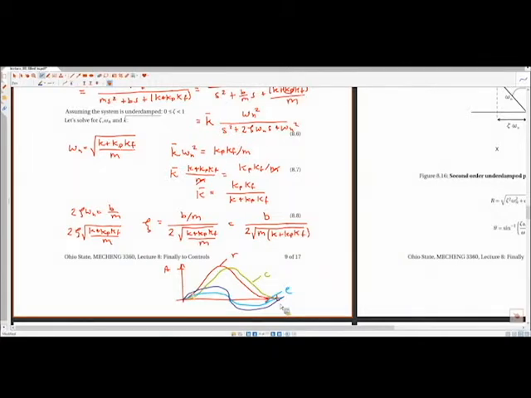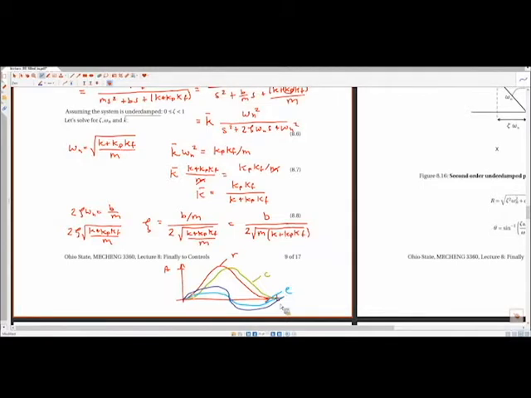This is just setting this equation equal to 0 and solving for s. Those are our poles, P1 and P2. If we simplify this, we see that the poles are at negative zeta omega n plus or minus omega n square root of zeta squared minus 1.